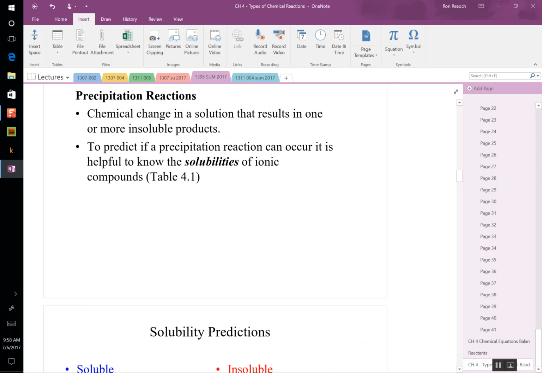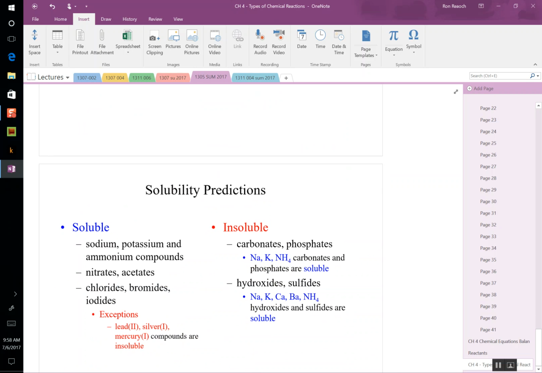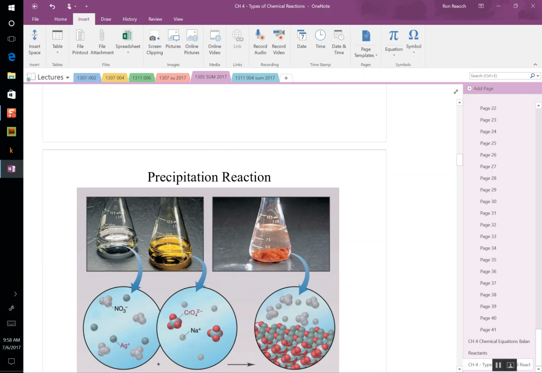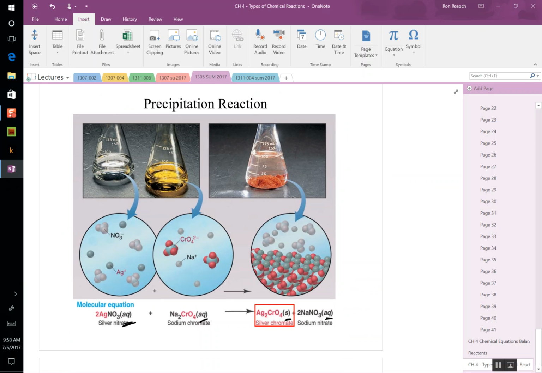Rule number 2, nitrates and acetates are soluble in water, no exceptions. That would have predicted that silver nitrate would be soluble in water. Why? Because all nitrates are soluble in water. Doesn't matter what it is. Sodium nitrate, magnesium nitrate, calcium nitrate, barium nitrate, silver nitrate, lead nitrate, mercury nitrate, they're all soluble in water.